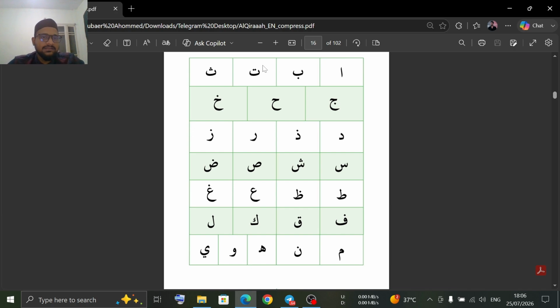Alif, ba, ta, sa, jim, ha, kha, dal, zal, ra, za, sin, shin, sad, dad, ta, za, ain, ghain, fa, qaf, kaf, lam, mim, noon, ha, waw, ya. There is another letter that we don't count in the Arabic alphabet, and it's called Hamza. We'll learn it later, inshallah.